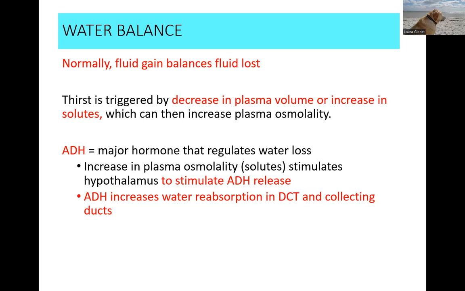The stimulus for that can either be low blood volume, low blood pressure, or an increase in plasma osmolality, solutes in blood, and that stimulates the hypothalamus to release antidiuretic from the posterior pituitary.